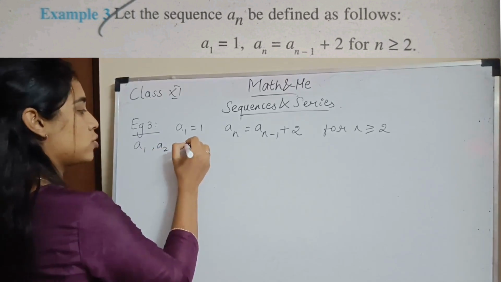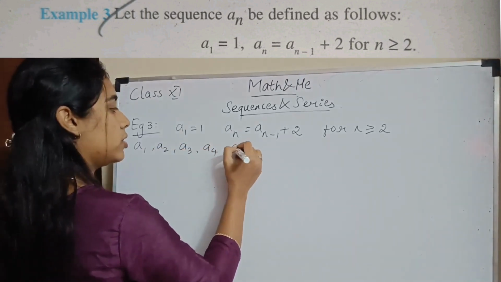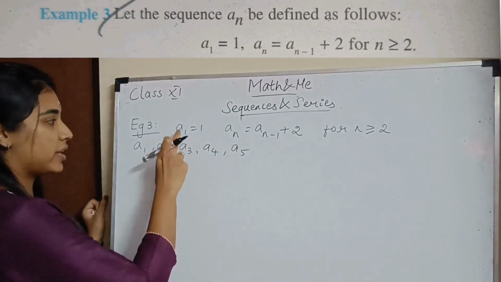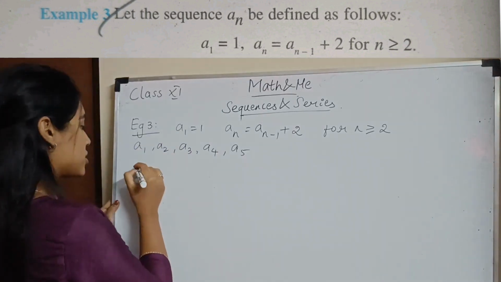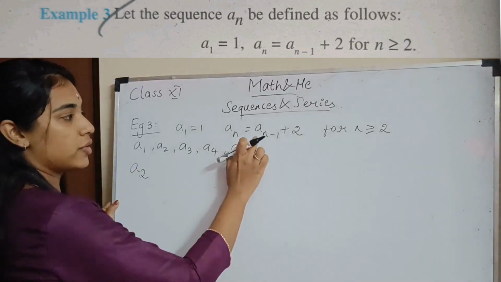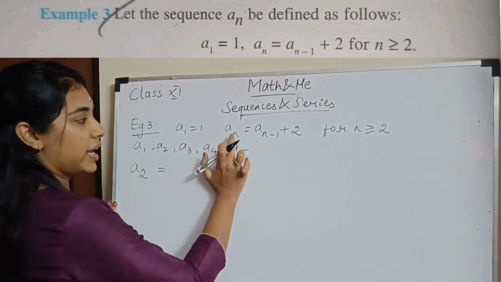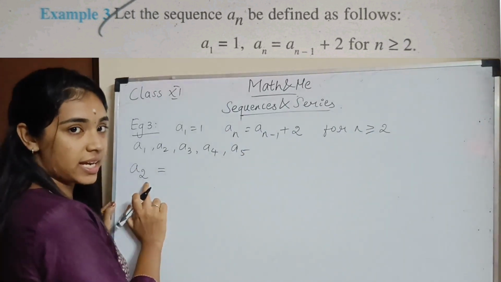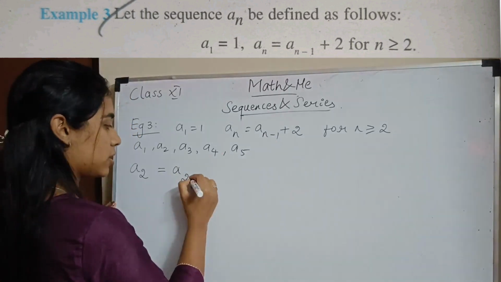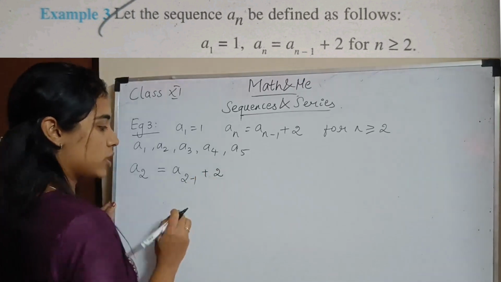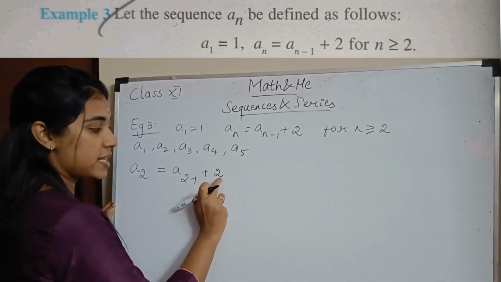A1, A2, A3, A4, A5. You already know what A1 is. But let's find A2, A3, A4, A5. So what is A2 according to the given formula? You have An, in the case where n equals 2. But what do you have here? A(2 minus 1) plus 2. This is the subscript and this is the actual value itself.